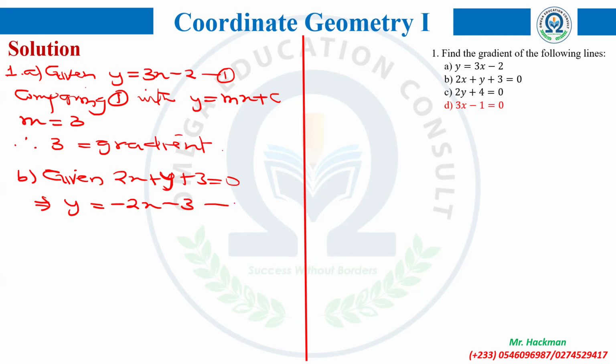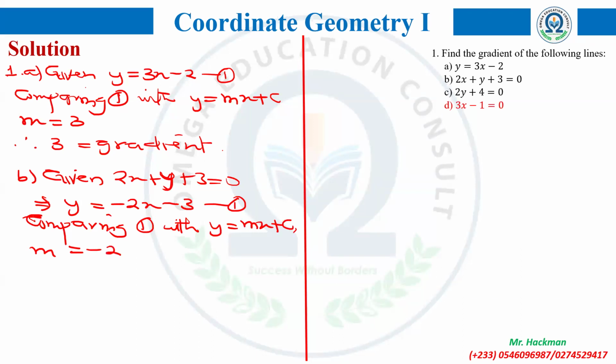So I'll call this B1 and write comparing 1 again with y is equal to mx plus c. If it's an objective question at this point, you know your gradient, you don't write this. You know my m will be equal to negative 2.